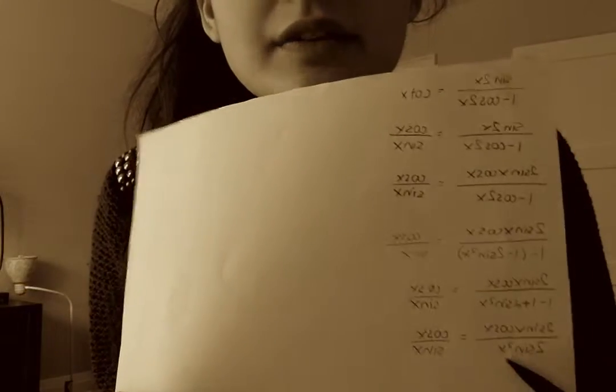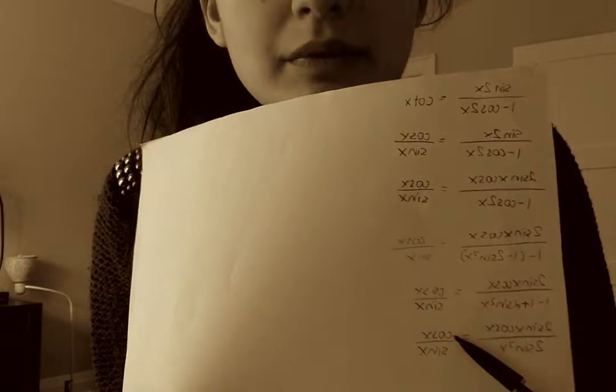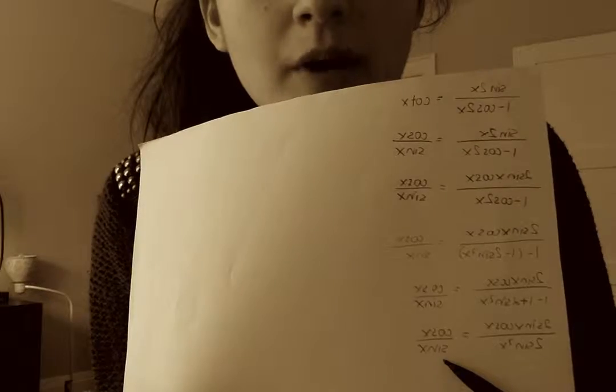My 1's will be gone because 1 minus 1 is 0. And I get 2 sine x cos x over 2 sine squared x equals cos x over sine x.